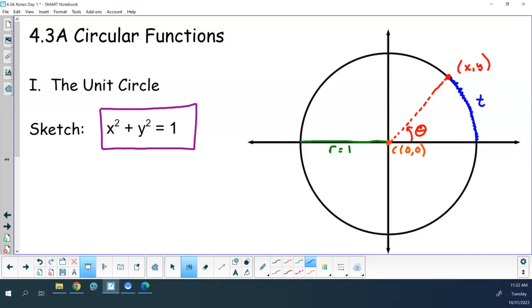So t right there is going to also equal theta, because in 4.1 we talked about the arc length being equal to the angle in radians times the radius. Well, our radius is 1.